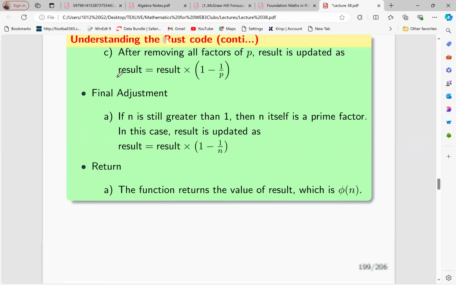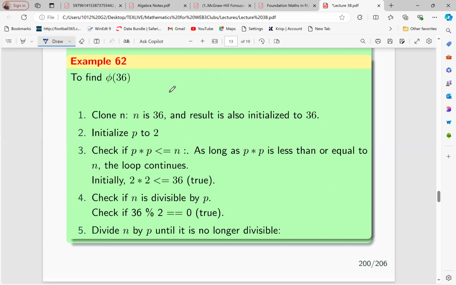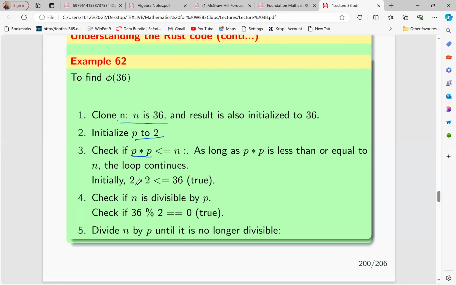I want to use 36. I want to get the value for 36, and I want to use this program. So the first thing, I initialize my result to be 36, and my P to be 2. Then I check whether 2 times 2 is less than or equal to 36. That's what I'm checking. And if that is the case, I go inside and see whether 36 divided by 2 gives me remainder 0.